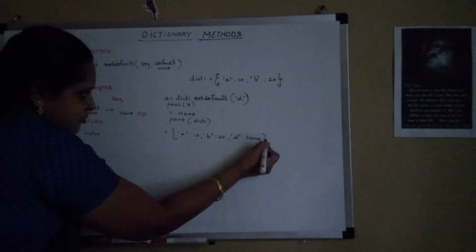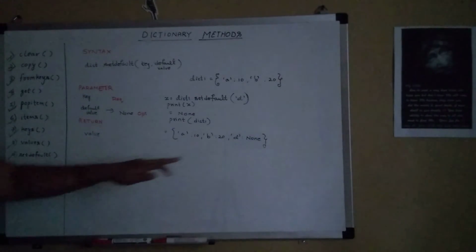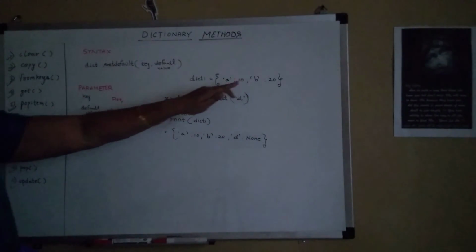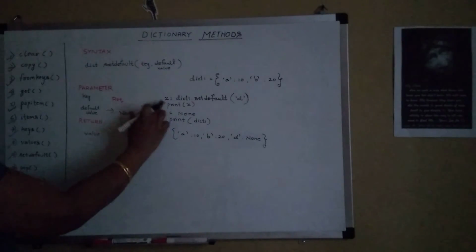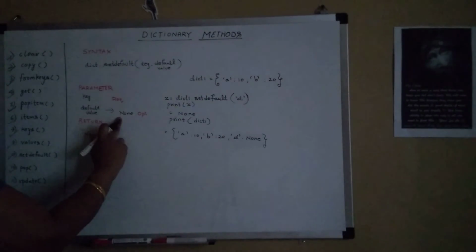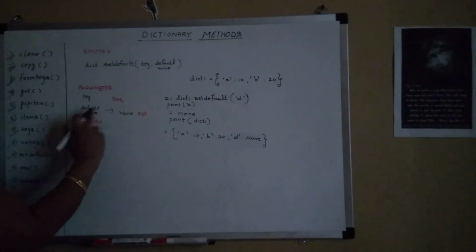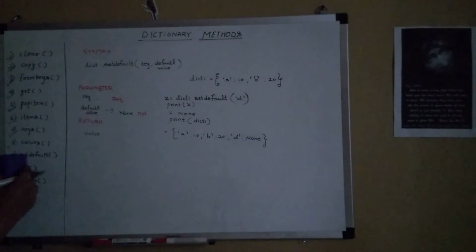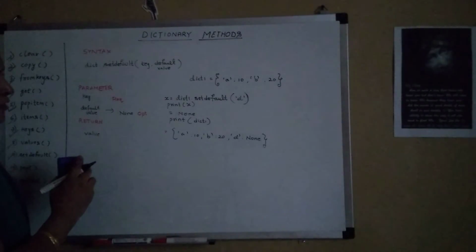This key-value pair has been added into the dictionary because the key is not present in the dictionary, and X will have the value None because it is taking the default value. We have not specified any value in the setdefault method. So this is how it works.